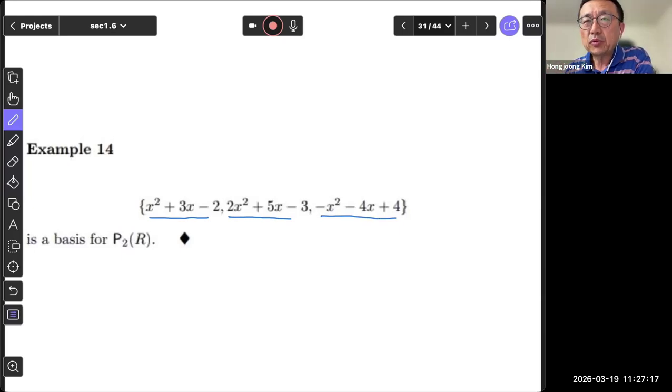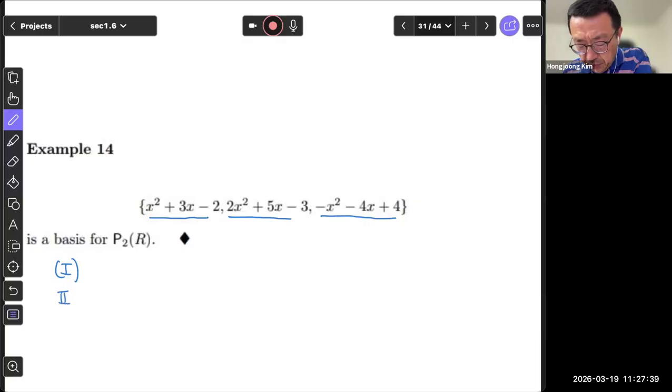Now, how can I prove this? So there are several ways. The proof number one, you can prove that the set generates the P2 space and it is linearly independent.